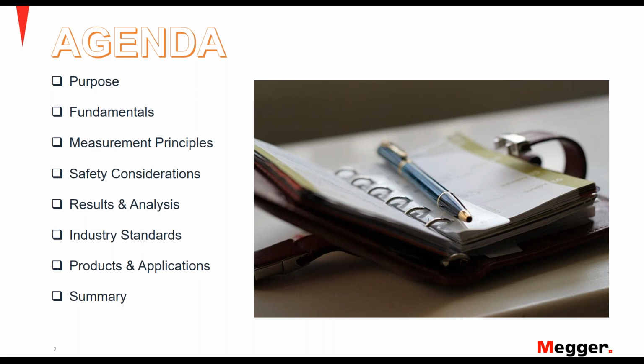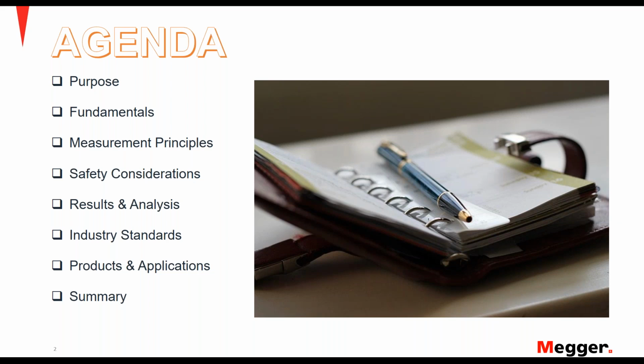Of course, considering we are testing with equipment out in the field, we want to make sure we understand the safety implications and considerations. Then we look over some of the results and the analysis tools that we use to understand and interpret our testing. Next, we will look at industry standards, and also at products and applications.